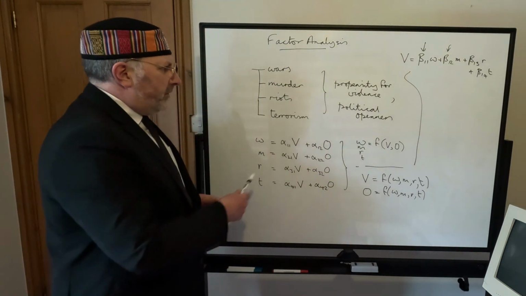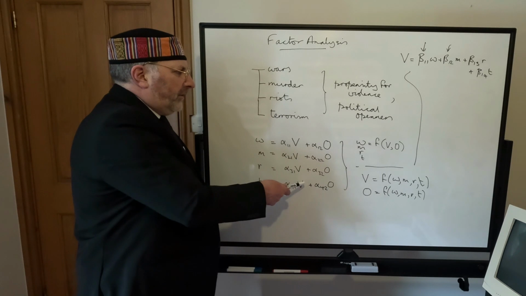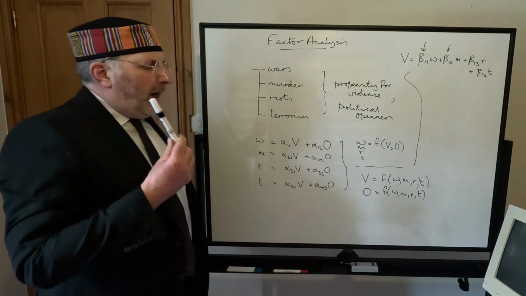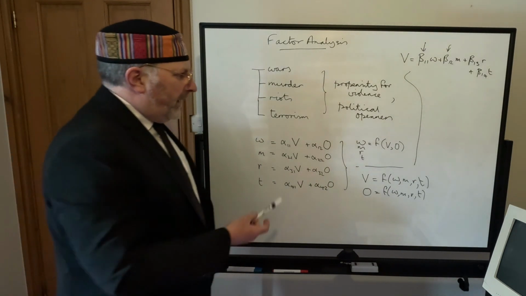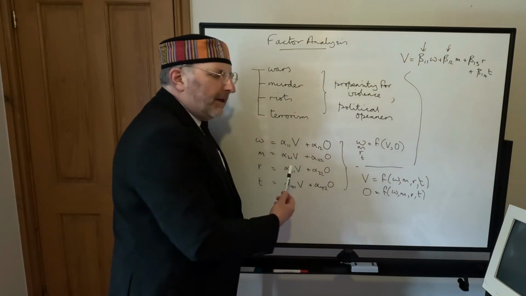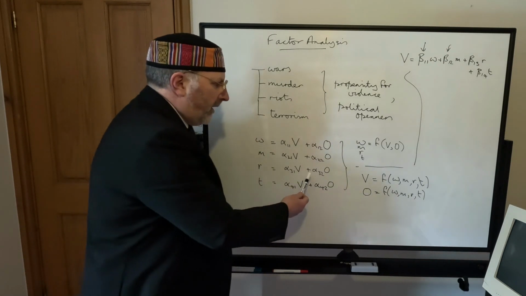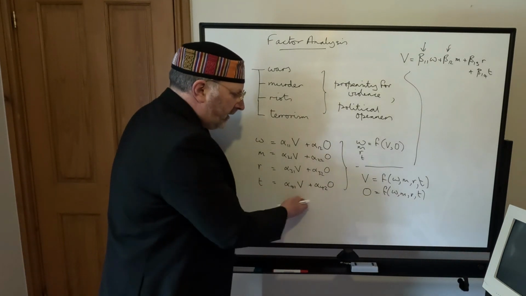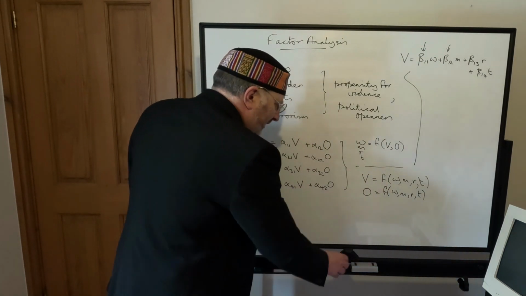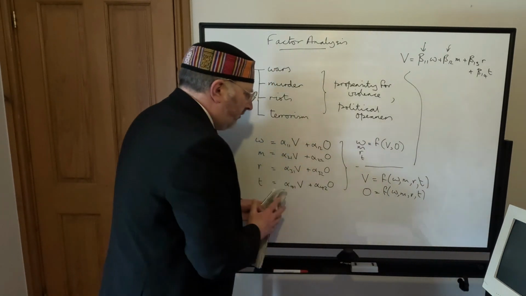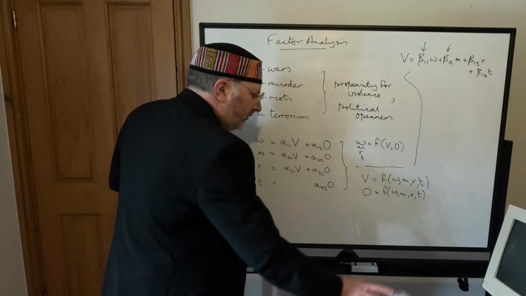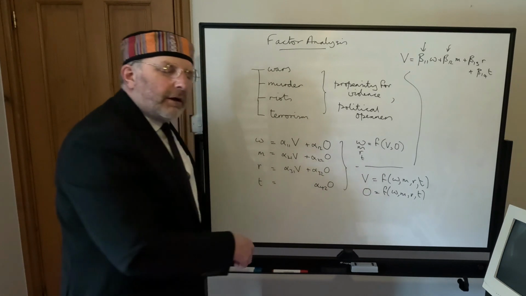Now I said here that we can assume in advance what factors we're looking for, and if we do that, we might also predetermine some of the coefficients. For example, we might say, well, actually we don't think that terrorism is going to depend on violence, so we'll just do it like that. We're not going to look for a coefficient.